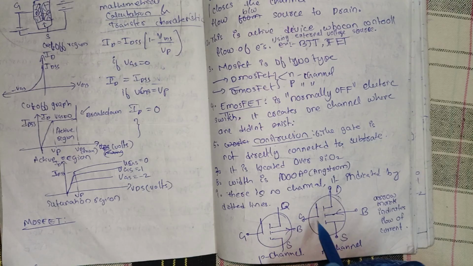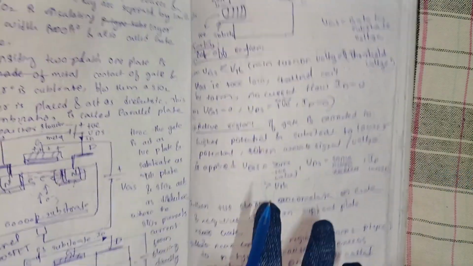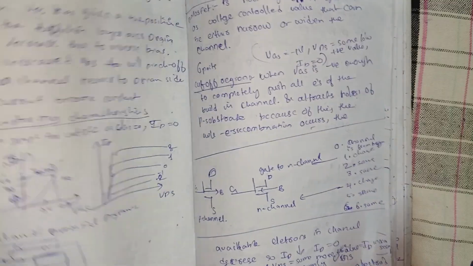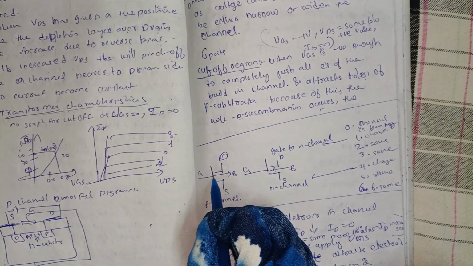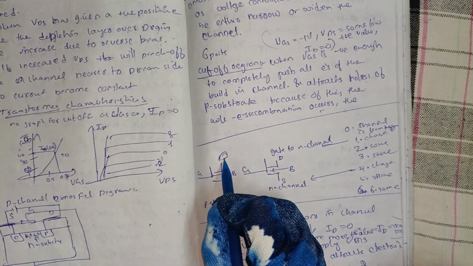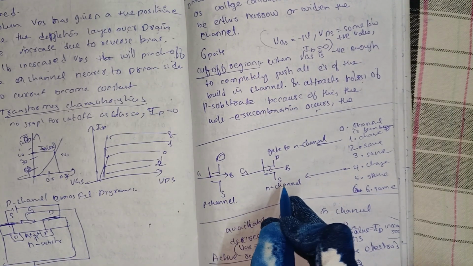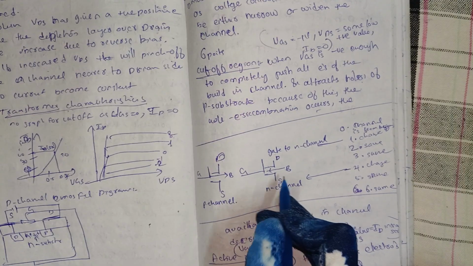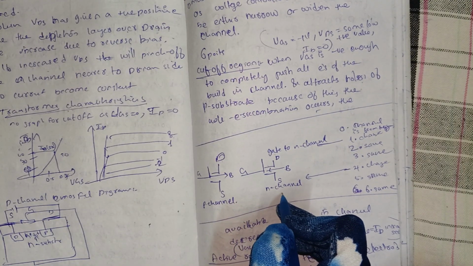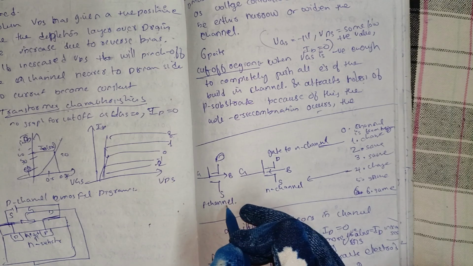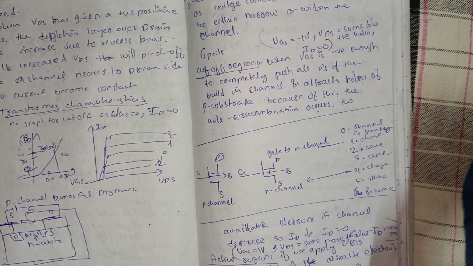These are the E-MOSFET representations. D-MOSFET representations are these. Here is the channel, P substrate, drain, gate and source. P channel D-MOSFET and N channel D-MOSFET. The arrow mark is inwards for N channel D-MOSFET. The arrow mark is outwards for P channel D-MOSFET. And the arrow mark indicates the current flow.